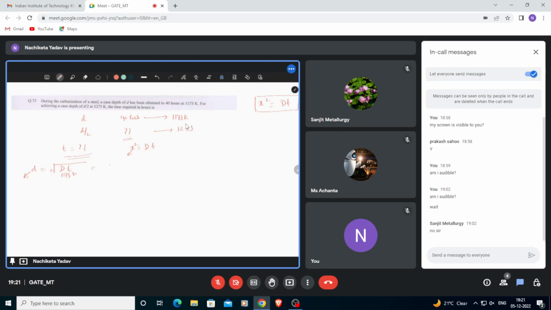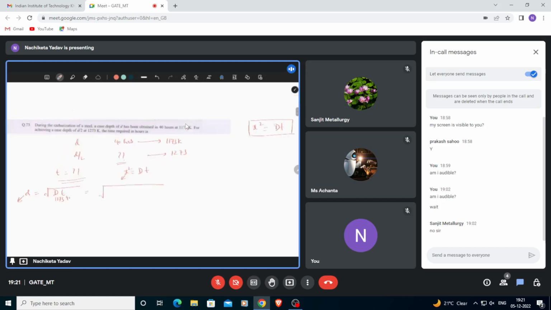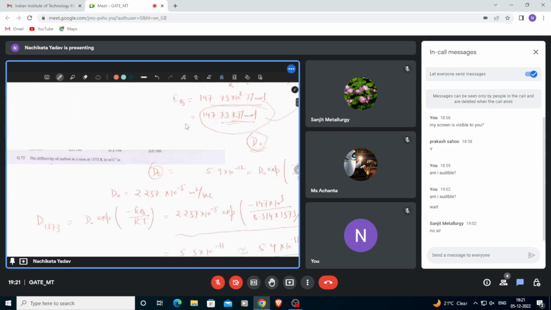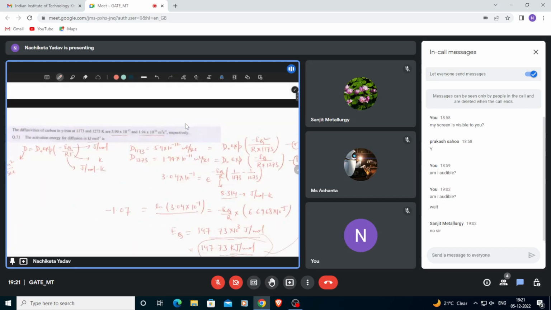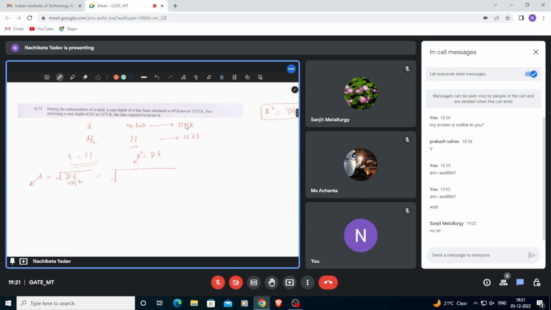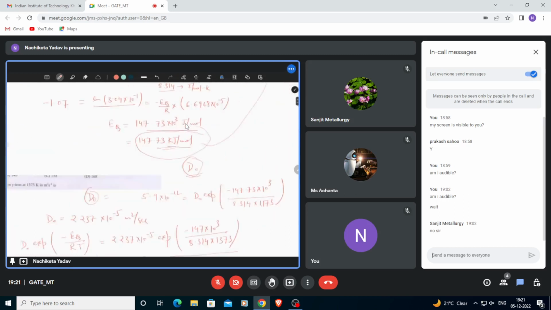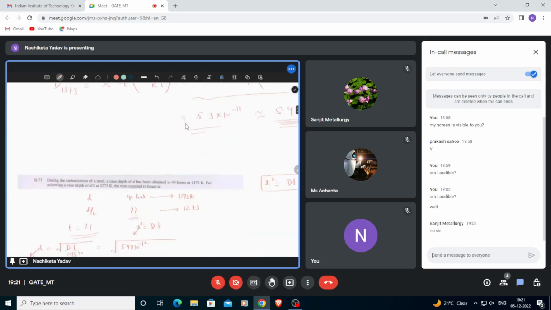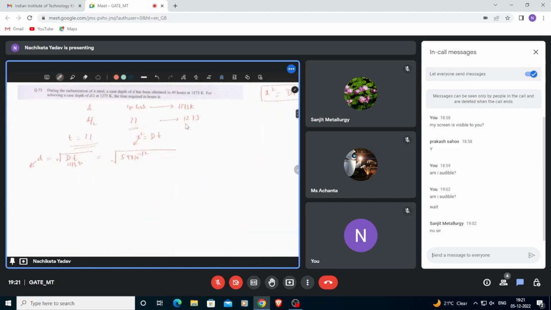So D at 1173, what is the value? 5.9 into 10 to the minus 12, into 40 hours.